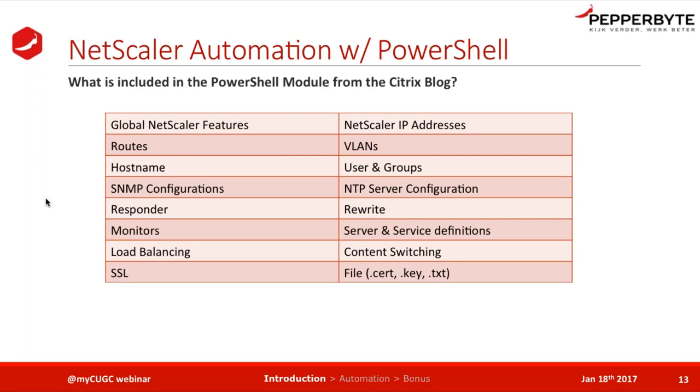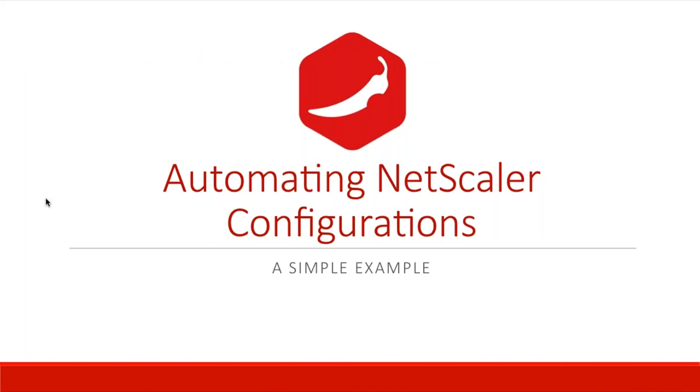And I kind of geeked out and added a lot more functions to the module to make sure that I'm also able to modify, delete, or work with existing configurations on my NetScaler as well. And I will get back to you later on in the presentation on how you can get your hands on the module that I modified.